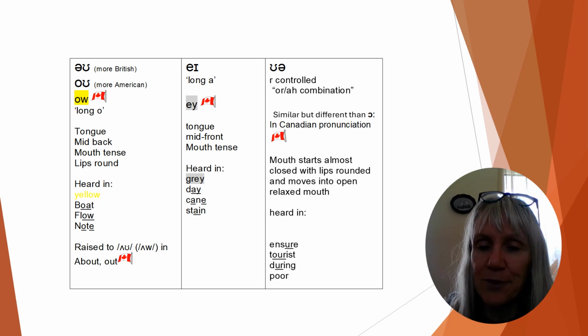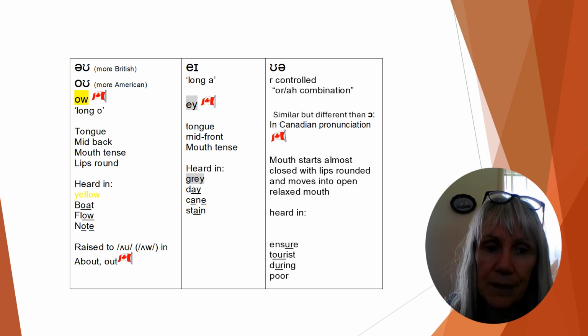So it's kind of convenient that our representation of that phonetic sound is E-Y. But I want you to get used to the EI. You still may see it in the dictionary as EI. Tongue is mid-front and the mouth is tense. It's heard in gray, day. My mouth is tense. I can feel my cheeks working. Cane, stain.